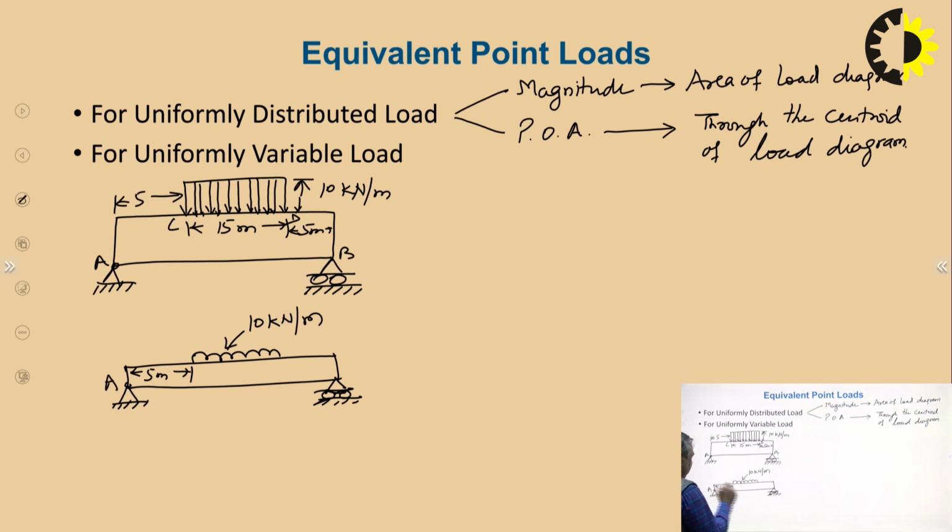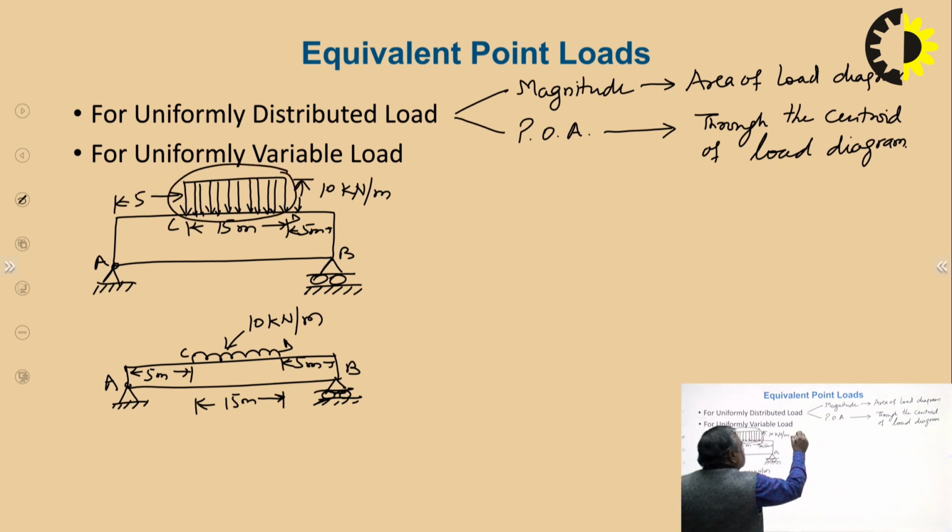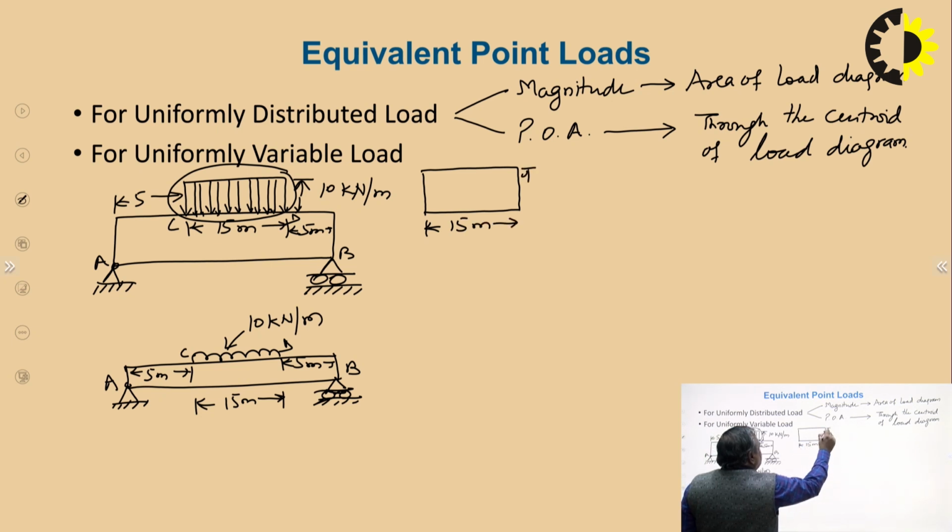This is point A, point B, point C. This is 5 meter, and this is 15 meter. Now the shape is a rectangle, where this span length is 15 meter and intensity of load is 10 kilonewton per meter.